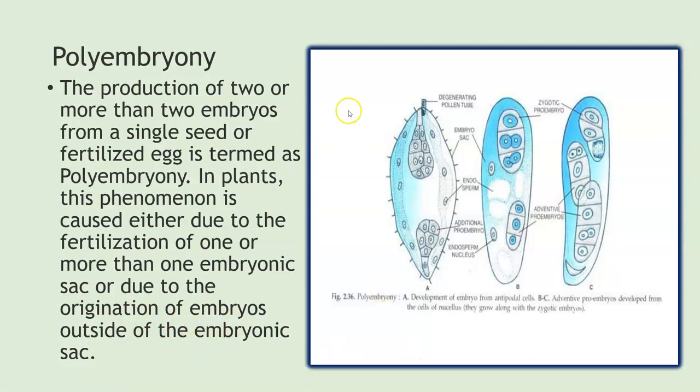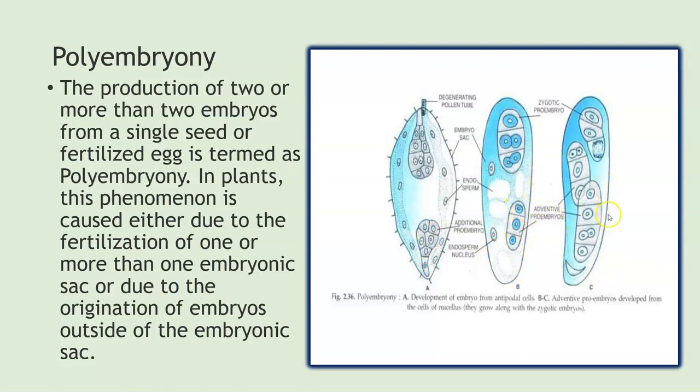So you can have a look at this image here. You can see here you have the pollen, the degenerating pollen tube here. It means that this is the micropylar end, and this is your zygotic pro-embryo. But at the chalazal end also you will see development of an additional pro-embryo. And then we also have something called adventitious pro-embryos.